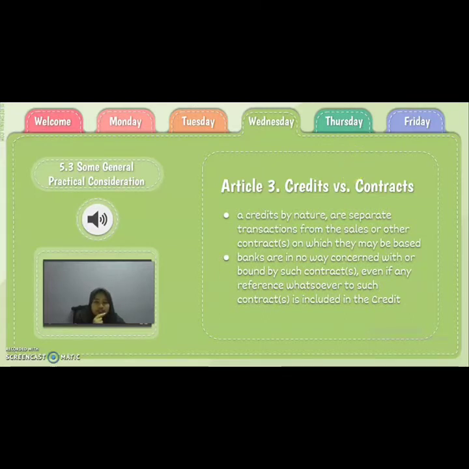The letter of credit signature can be in any form, not only handwriting. A letter of credit can be a certificate, and can also be in any form. The bank is in no way concerned with or bound by a contract, even if any reference whatsoever to a contract is included in the credit.